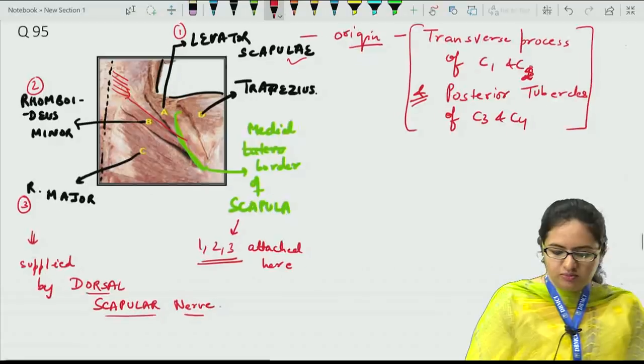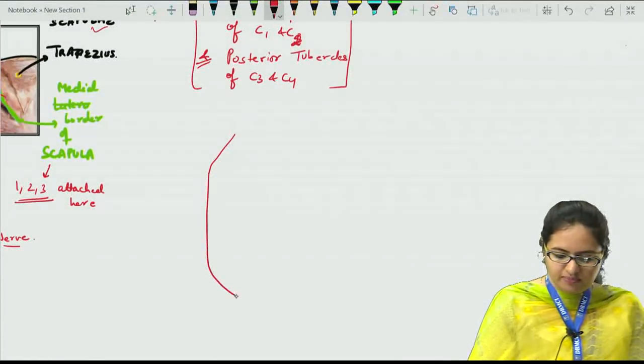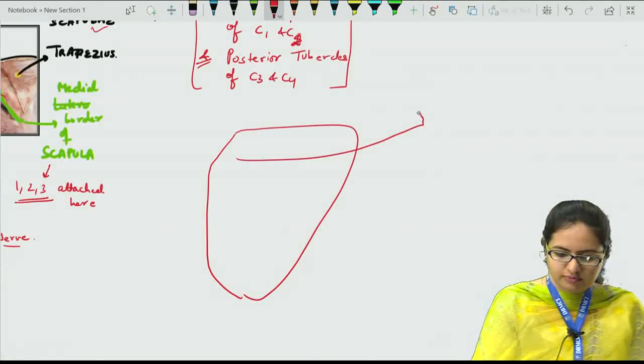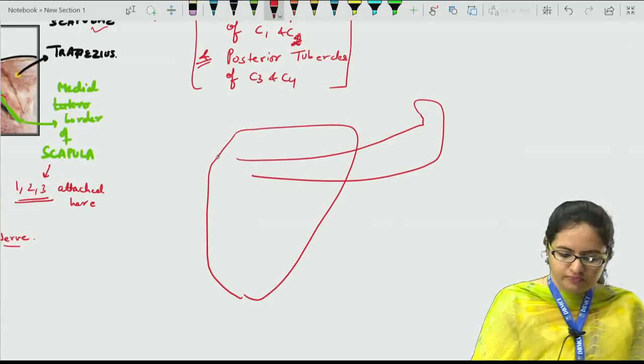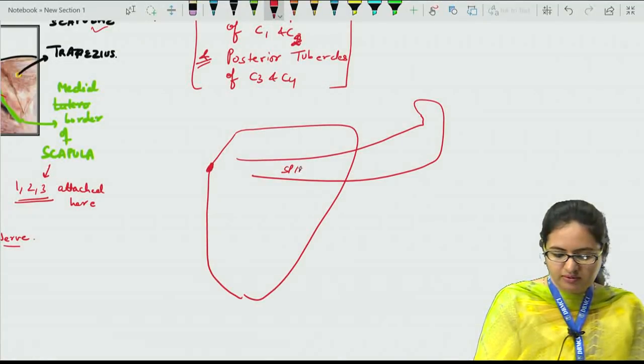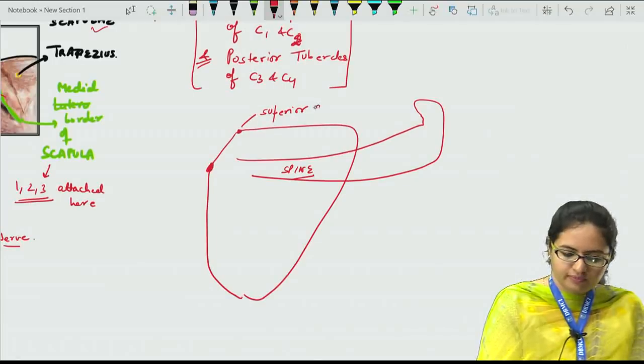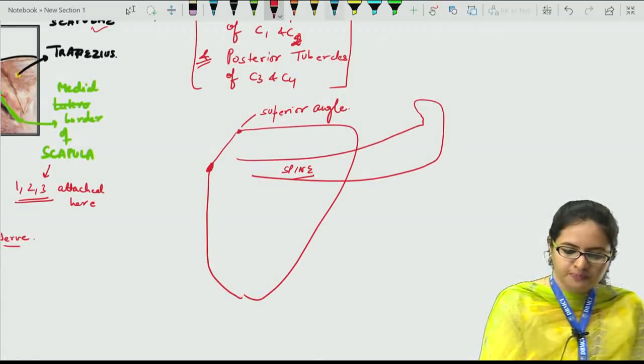If we talk about the medial border of the scapula, this is the point where the spine of scapula comes, just opposite to the spine of scapula. Then this is the superior angle of scapula.